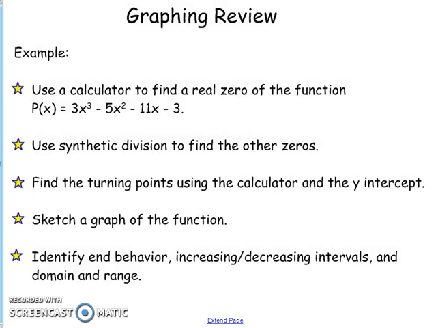So I'm just going to rewrite this. So p of x equals 3x cubed minus 5x squared minus 11x minus 3.